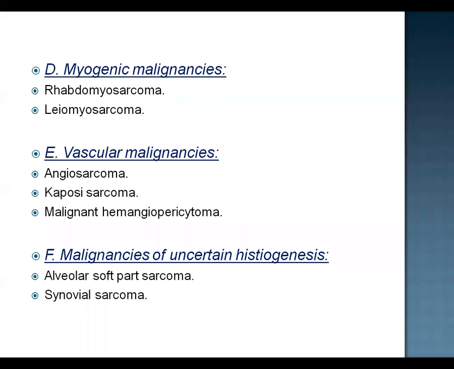Myogenic malignancies are again classified into rhabdomyosarcoma and the leiomyosarcoma. Vascular malignancies are the angiosarcoma, Kaposi sarcoma, malignant hemangiopericytoma; malignancies of uncertain histogenesis: alveolar soft part sarcoma, synovial sarcoma.